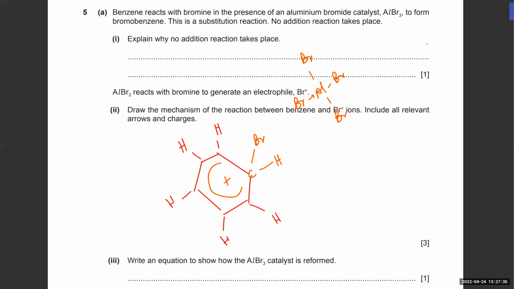So the question is, why is this not an addition reaction? Why in the next step does H have to lose electrons? One of the reasons I can think of is that this ion is very unstable.